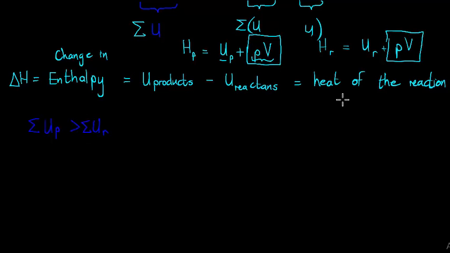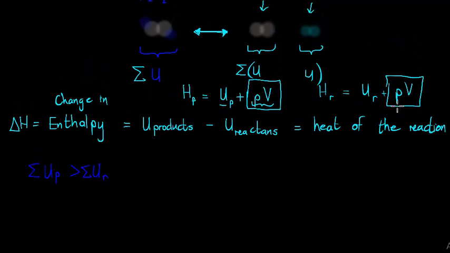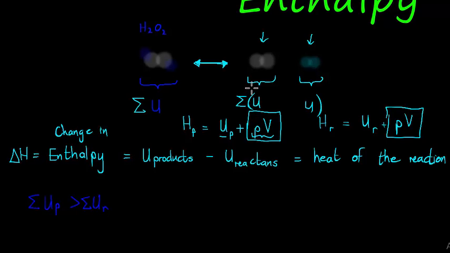Now if that is true, that the products have more energy in themselves than the reactants had, it means that we needed some energy in order for this system to have occurred. In order to go from here to there, we need extra energy so that we can actually have the bonds to form.